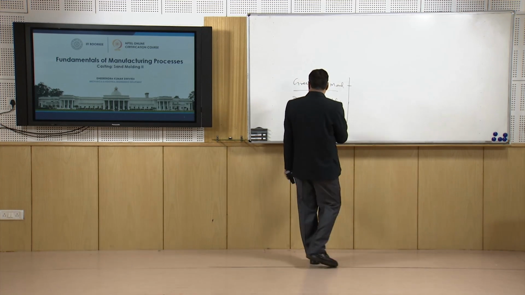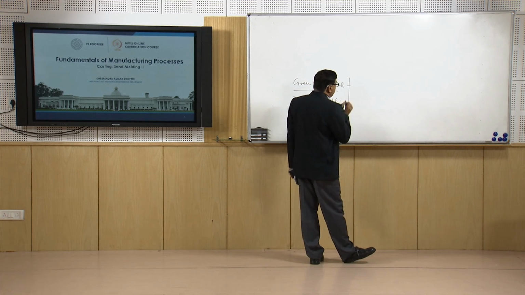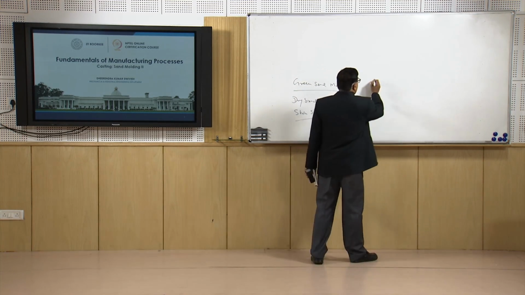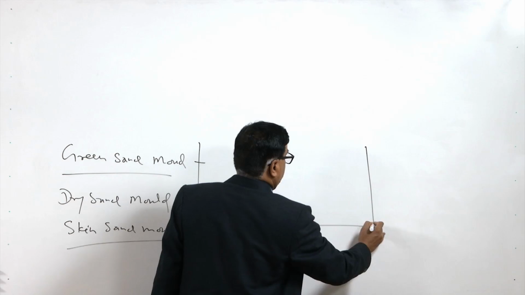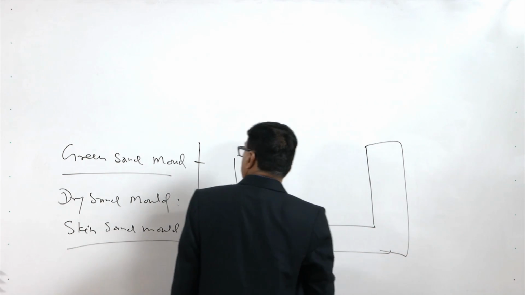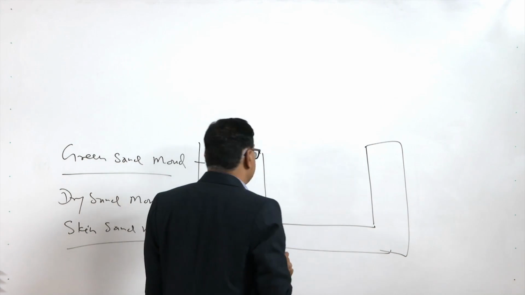So, what is done basically is that a middle path between the two is chosen. We know that in case of the green sand mold, it has the moisture, and in the dry sand mold all moisture is driven off.